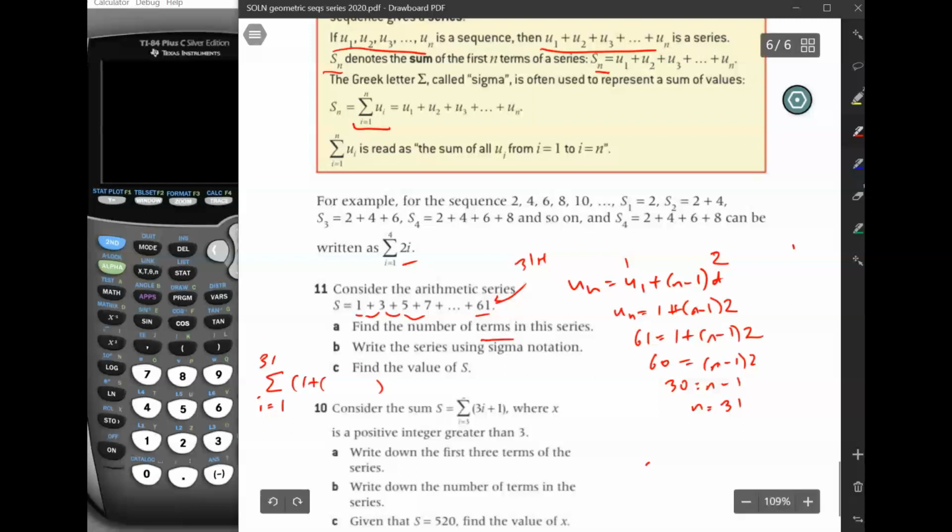If you want to simplify it, go ahead, you can. You can multiply 2 times i, you can multiply 2 times negative 1, and you could simplify it, but I'm fine with this. So that is the series using sigma notation.